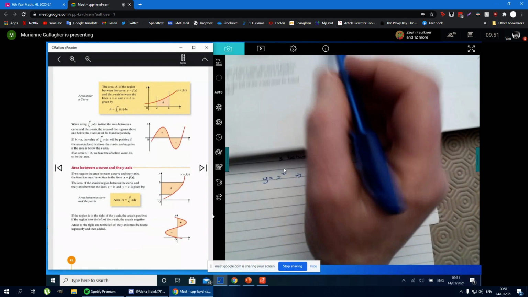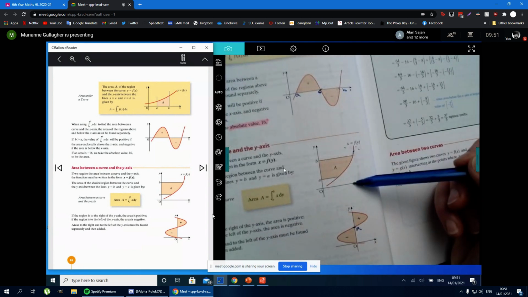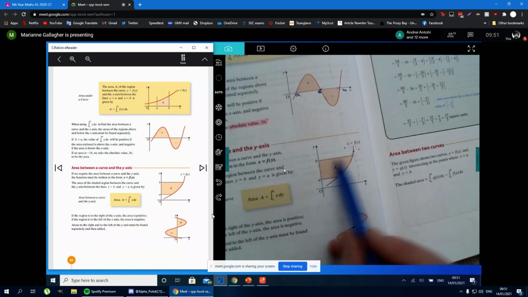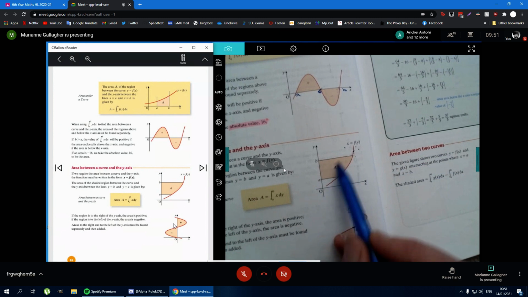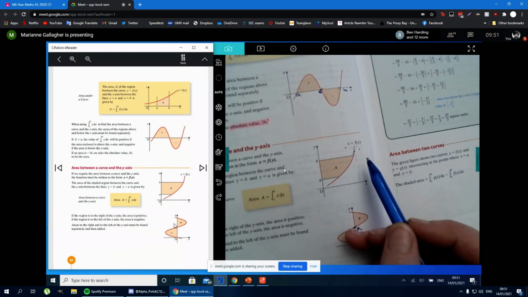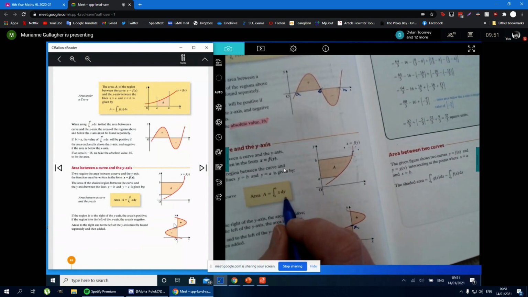And what you're doing when you do that is instead of going under the curve this way to the x-axis, you're going across this way to the y-axis. So if you're ever asked to get area between a curve and the y-axis, you need to get the inverse of the function. You need to rearrange the function and then integrate with respect to y.